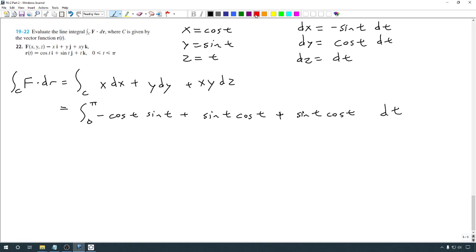Now, one thing we can do right away, notice that we have a product of sine and cosine, product of sine and cosine, but one of them is negative, so we'll cancel those out. I mean, technically, we still have a product of sine and cosine. I'm going to go ahead and make a substitution. I'm going to let u equal sine of t. So the du is cosine of t dt.